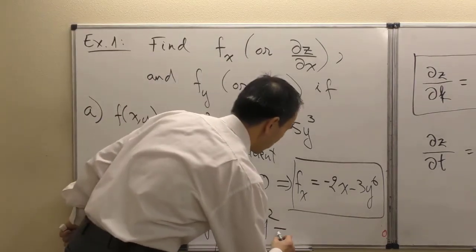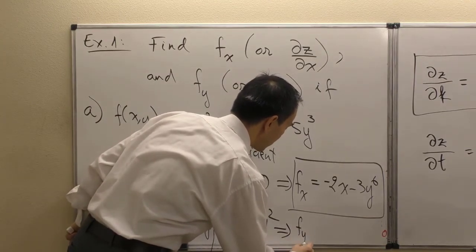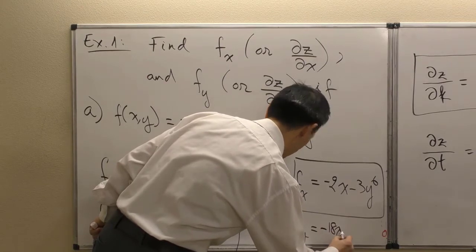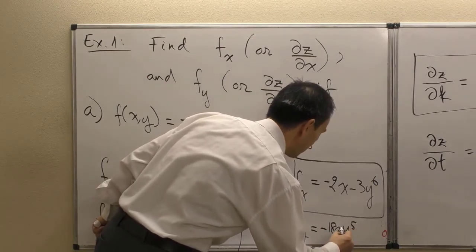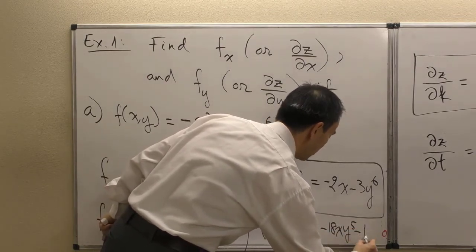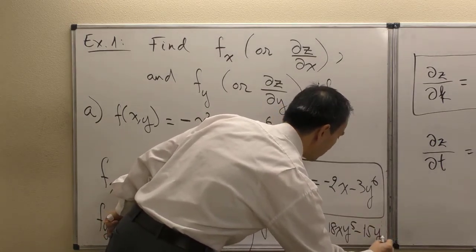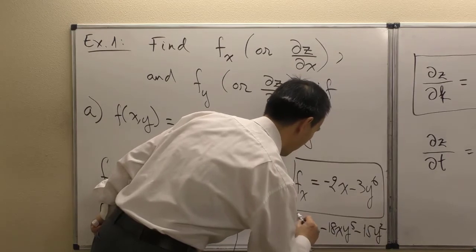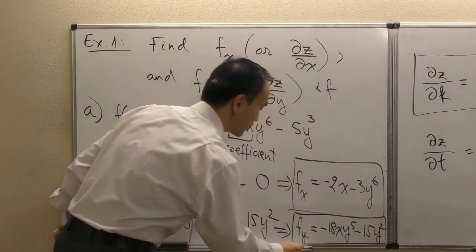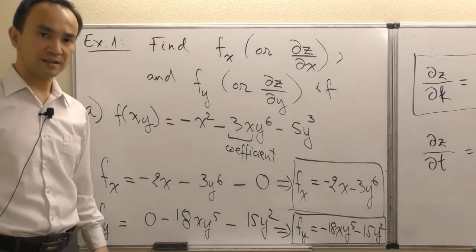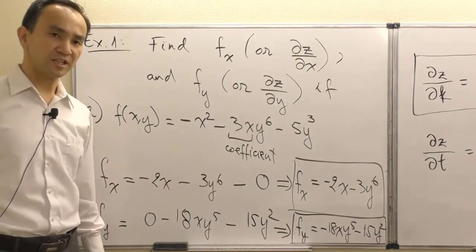So we can finalize that as f sub y equals minus 18x y to the 5th, minus 15y squared. And that is our partial derivative of the function f with respect to y. That's how it's done for another one.